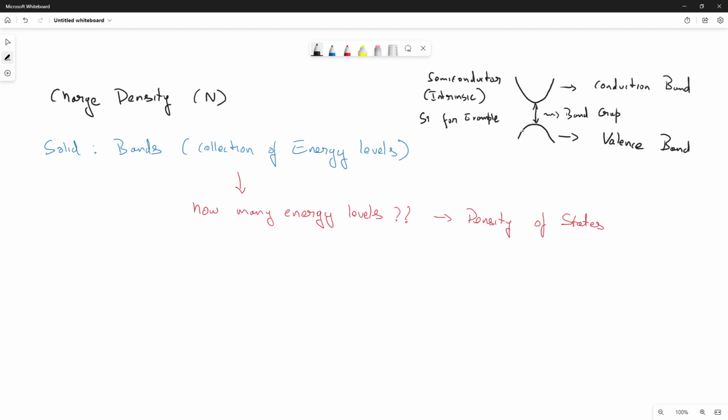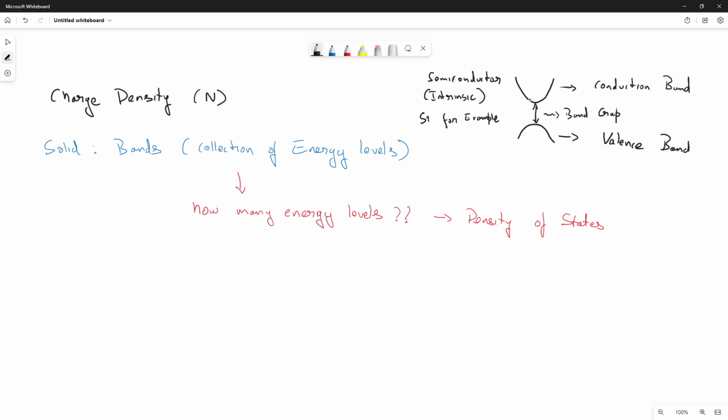So at T equal to 0, all the electrons are in the valence band; none of the electrons are in the conduction band. At some finite temperature, some of the electrons will come up here because they get thermally excited. Now, how many electrons come up here? How do I know that?